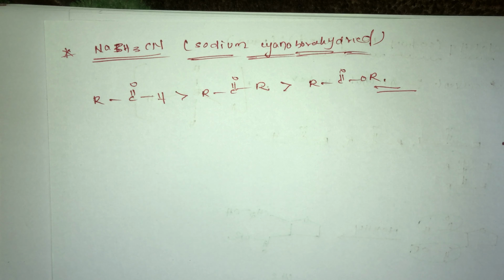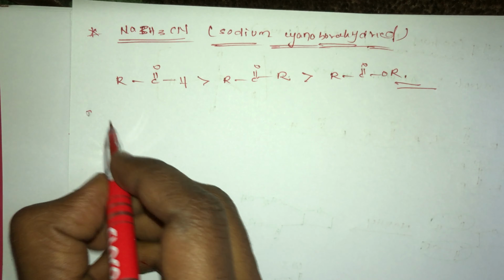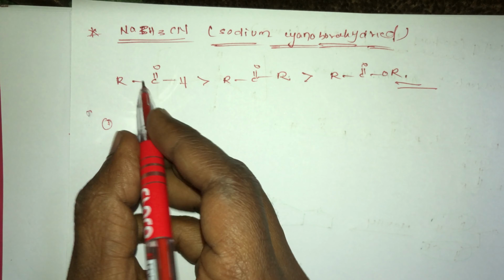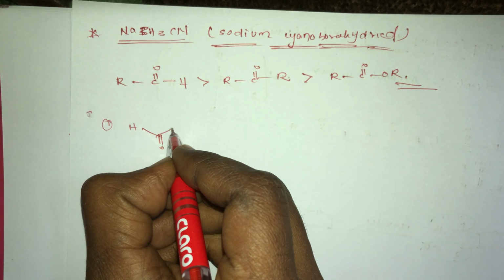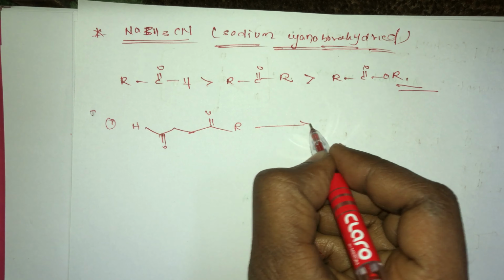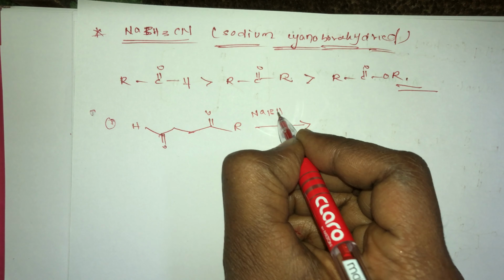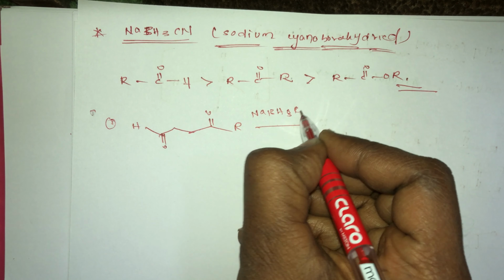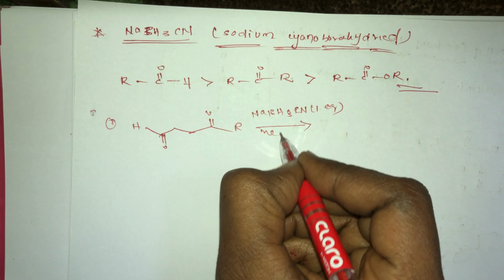If you see one example, you can understand what exactly sodium cyanoborohydride will do. Here I have a ketone and an aldehyde, and I am using BH3CN, only one equivalent, in methanol.